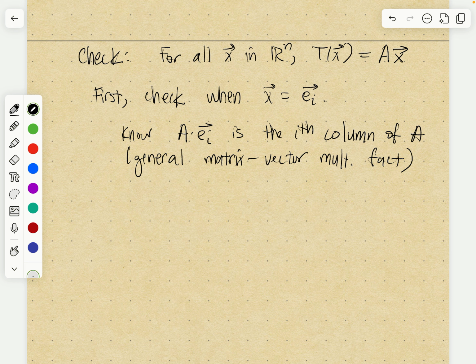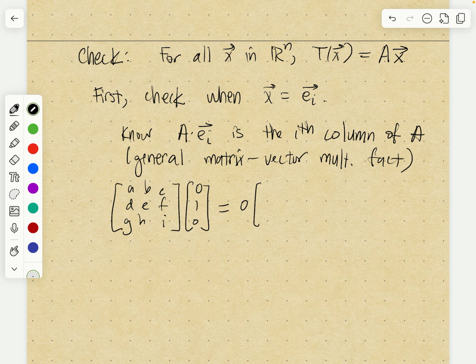Okay, that's just a general fact about matrix times vector multiplication. Maybe I should just do an example to review why this is true. Let's say this A is a 3 by 3 matrix, and you multiply by 0, 1, 0. So that's e_2. And you have this matrix A, B, C, D, E, F, G, H, I. I'm thinking of matrix times a vector as taking combinations of the columns.